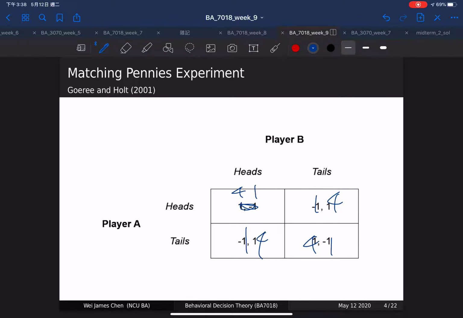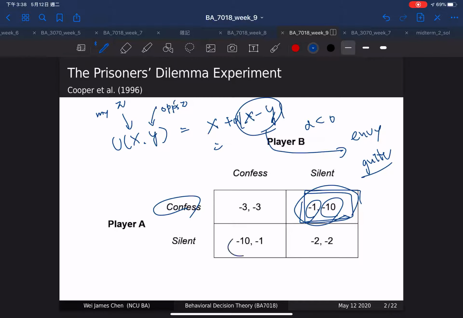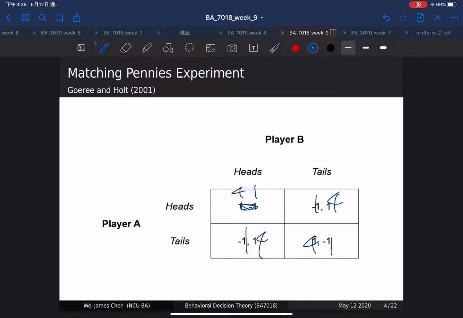This is because in the experiment you don't want to take money from the participant or subject, so they didn't use negative numbers. But if you change the numbers to 4 1, 1 4, 1 4, 4 1, this is exactly the same game. The theoretical prediction is also the same.